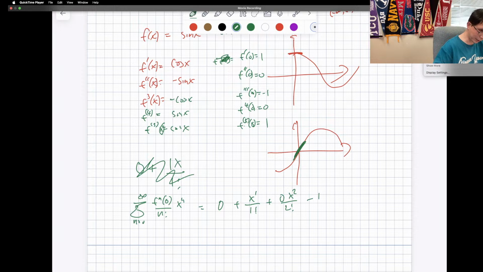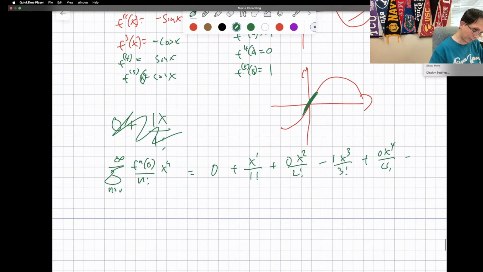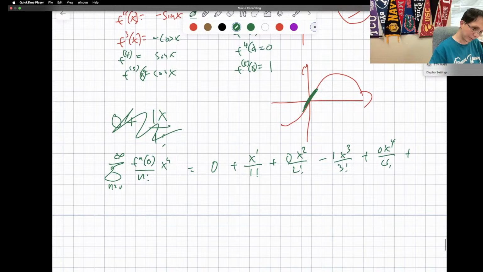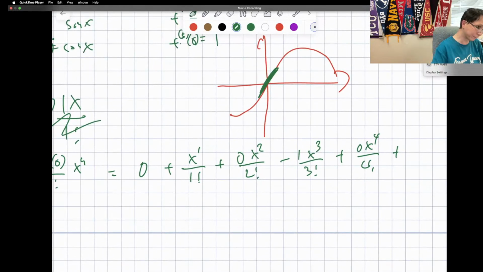So this one is going to be negative 1 x to the third over 3 factorial. Does that make sense? And plus 0 x to the fourth over 4 factorial. Minus, plus, minus. So this is a plus, sorry. So this one is going to be what? x to the fifth over 5 factorial.